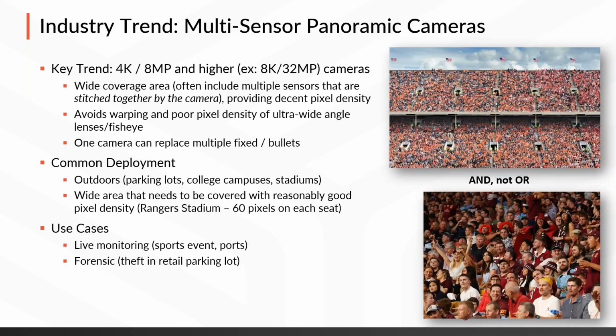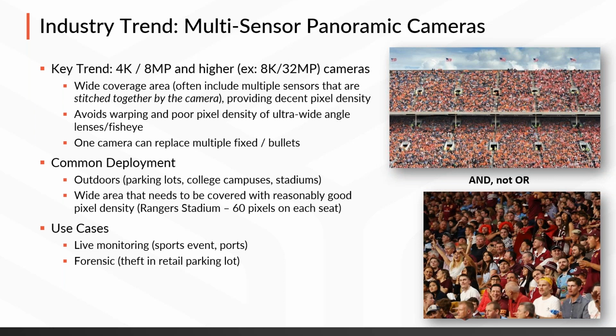Another key trend that we want to talk about in discussing camera support is the rise of these multi-sensor panoramic cameras. We've seen a lot of these be very popular when covering large outdoor spaces, whether that's sports stadiums, college campuses, parking lots for large retailers.